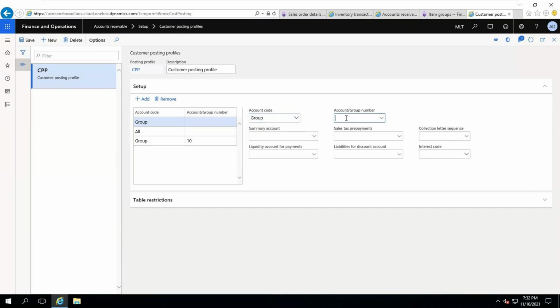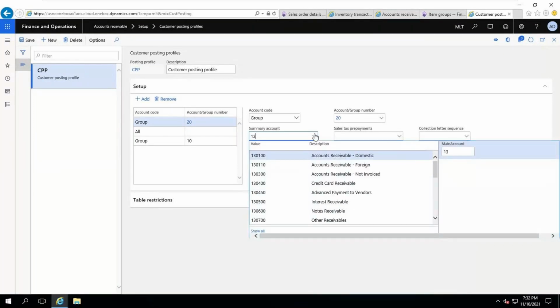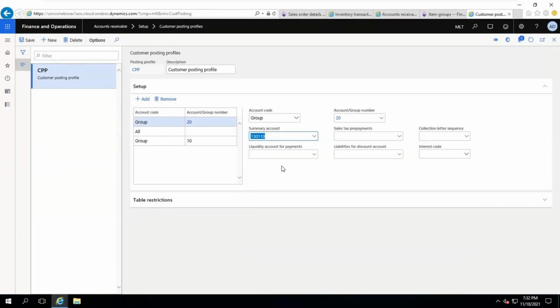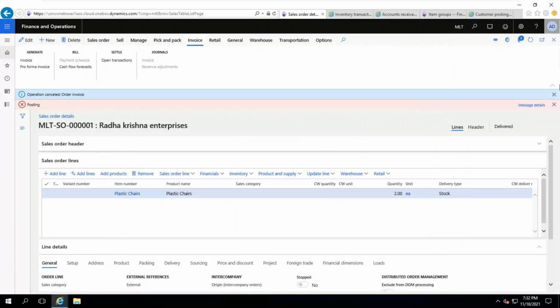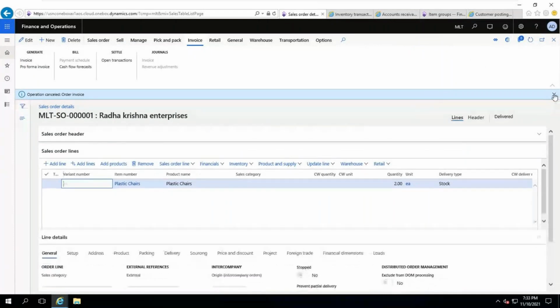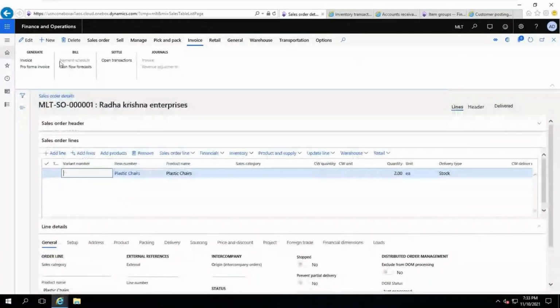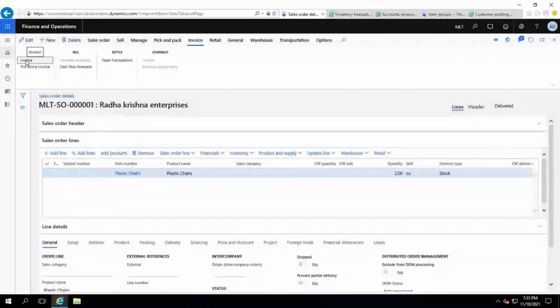That is your wish. But in general, group wise mappings only will be used a lot. Now let me do a sales order. It will most probably allow you to post now. This is a refresh issue.